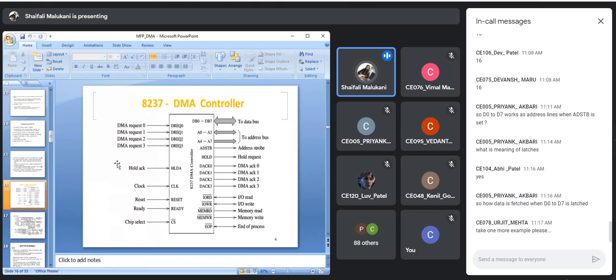See, this concept is from 8086, 8085, and I think you might have studied it in the microprocessor course in the previous semester. Even I can explain it, but I think that is the concept of CSA, which you might be clear with.